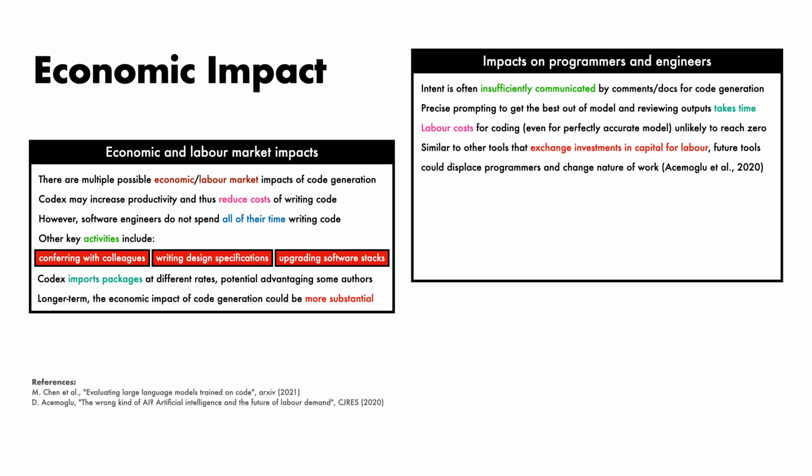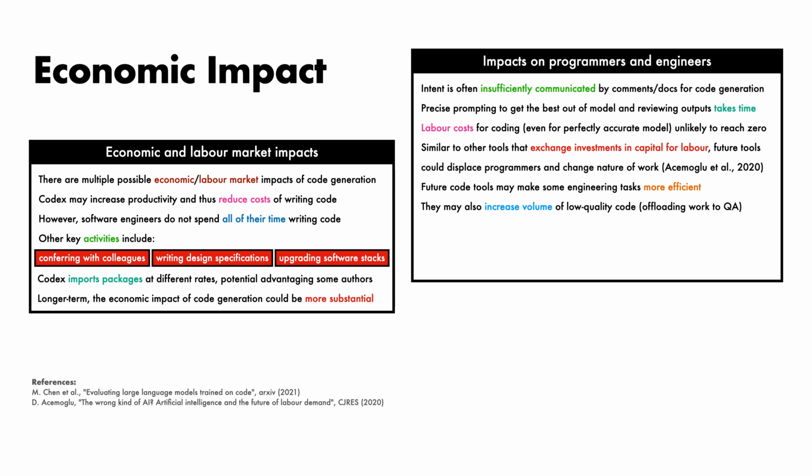However, similarly to other tools that exchange investments in capital for labour, future code generation tools could displace programmers and change the nature of work. On the other hand, they could make some engineers more efficient, or indeed simply lead to the generation of higher volumes of lower quality code that offloads more work to the code review and quality assurance processes, producing only an illusion of higher efficiency.